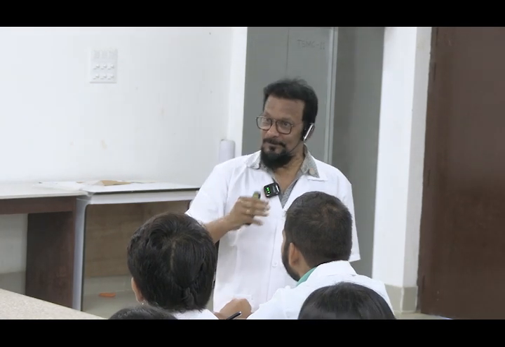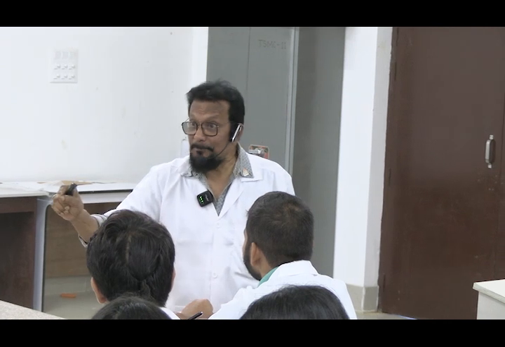When pyrogen is there, when this pyrogen passes through my hypothalamus, it will disturb my regulating centers. So now it is unable to control the body temperature. It is because of the pyrogen.